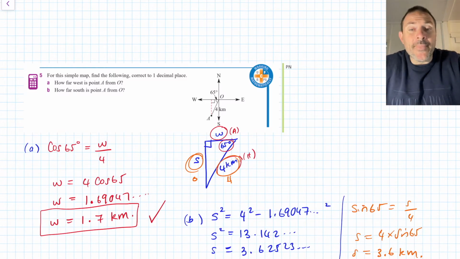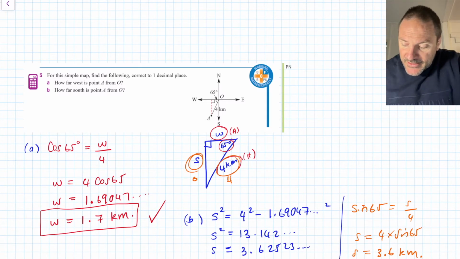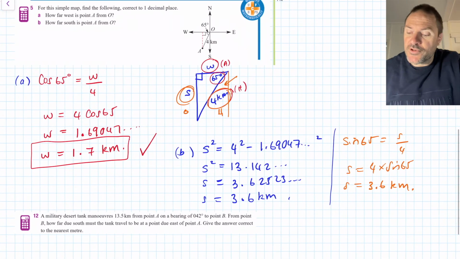Of course, what they may have said to you is that hiker A, for example, has left base camp of O, and he's walked on a bearing of. Now, compass bearing, what do you reckon it would be if I had to walk that 65 degrees inside there? Well, think, if that's 65 inside there, that little bit inside there would be 25 degrees, wouldn't it?